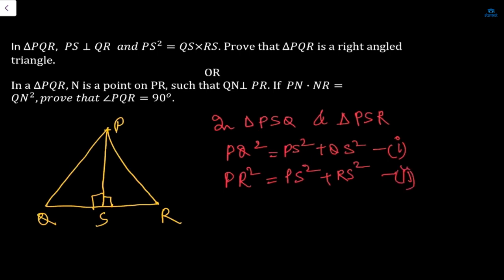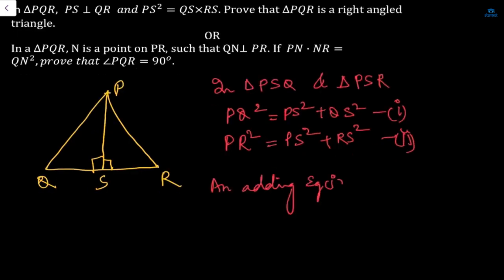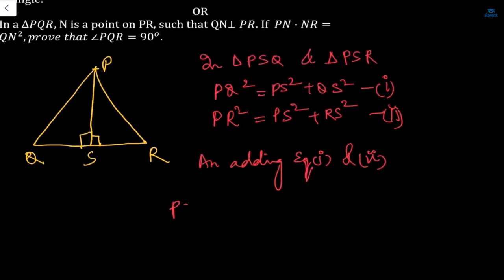Now we are going to add both. After adding equations first and second, what you will get: PQ square plus PR square is equal to PS square plus QS square plus PS square plus RS square.